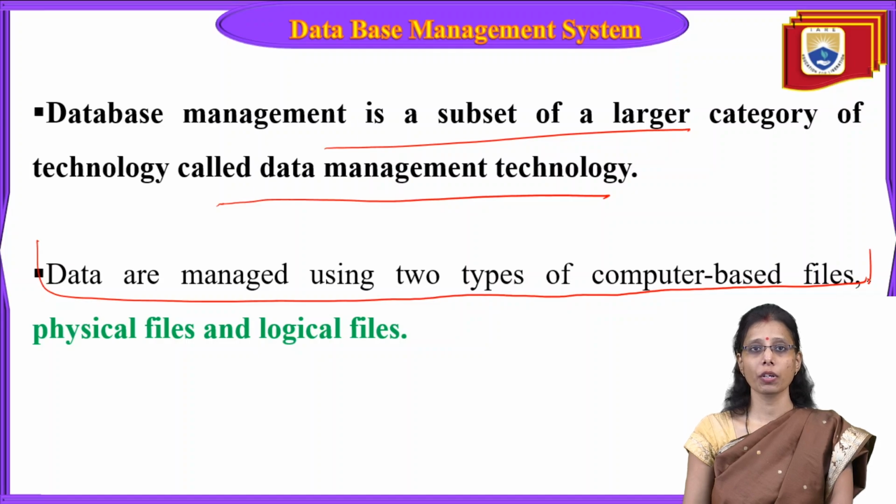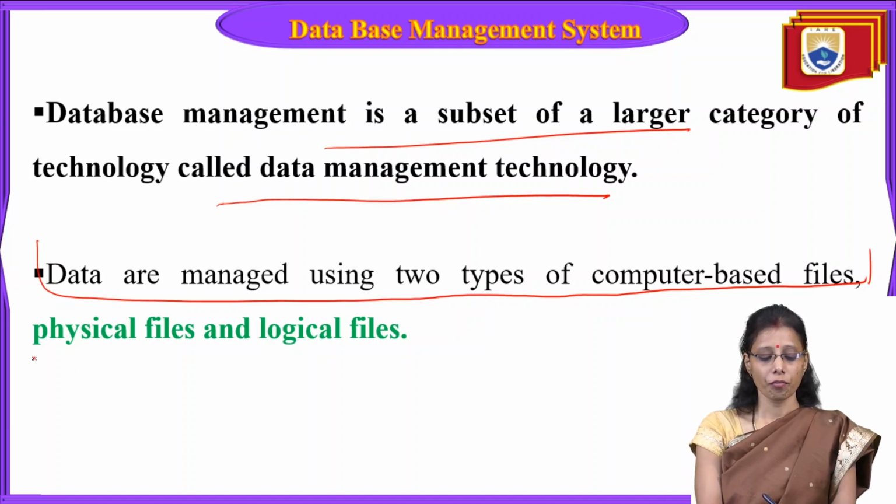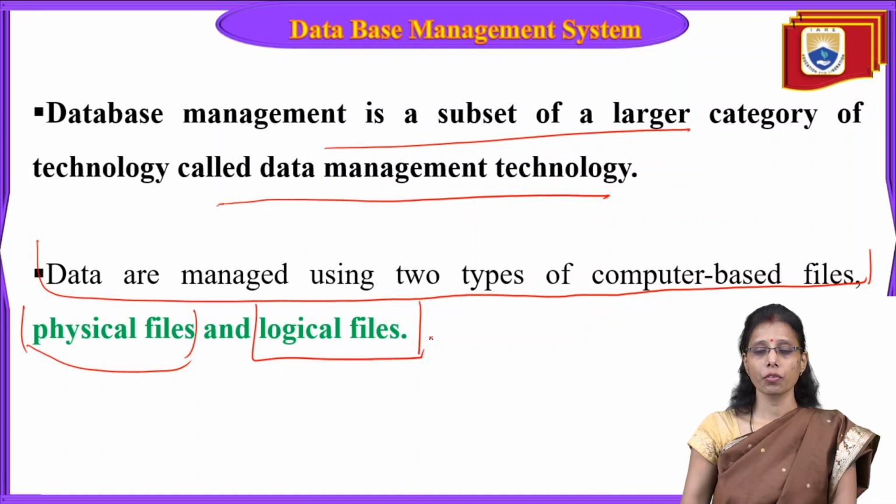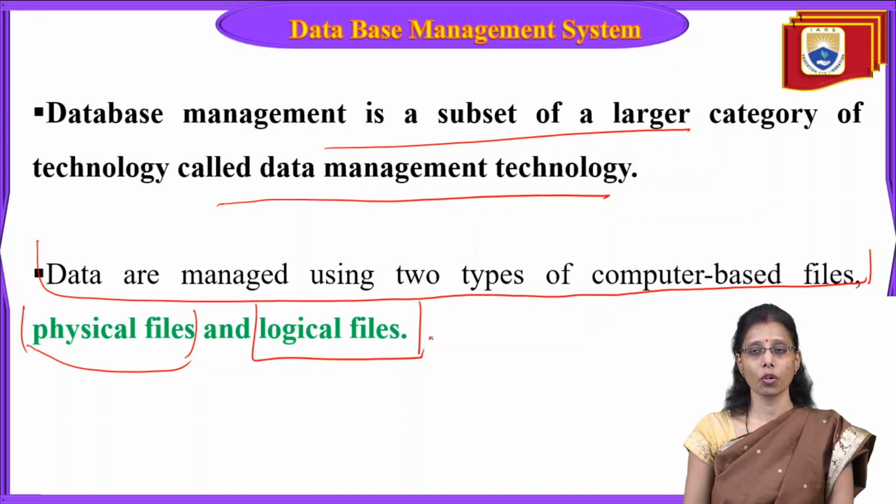What are the two types of computer-based files? Physical files and logical files. When you are talking about the hardware and software of the computer system and the setup of the GIS process, we have these two types of files where the data is managed, called physical files and logical files.